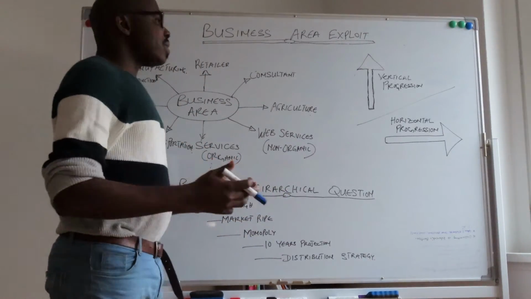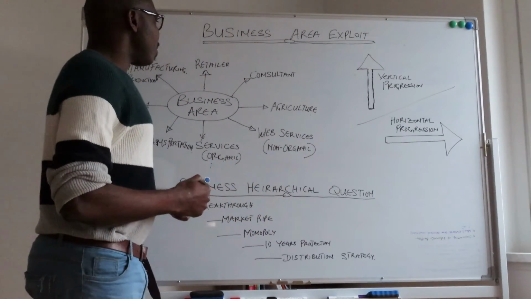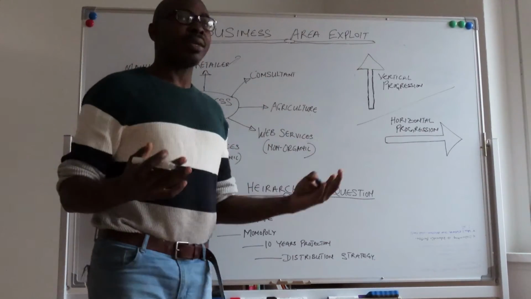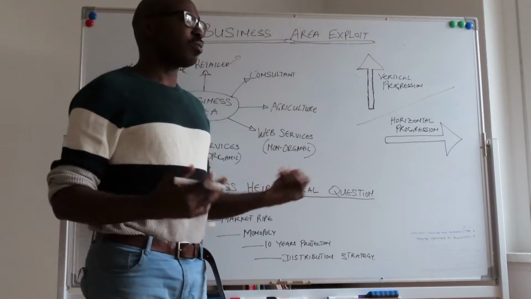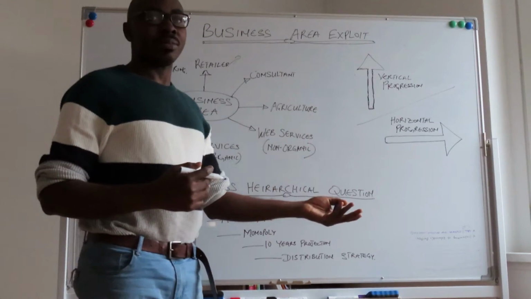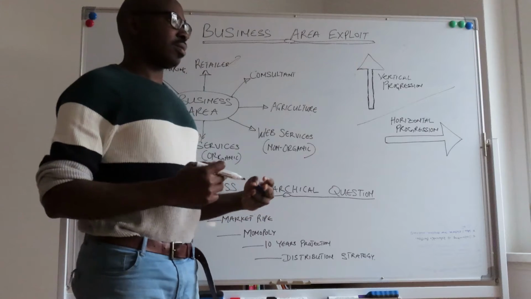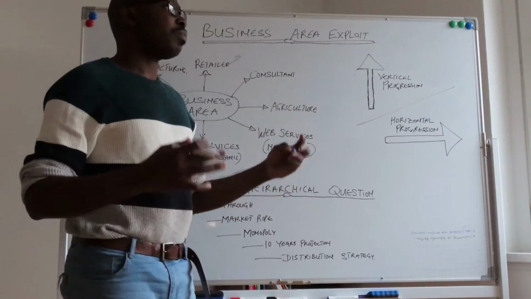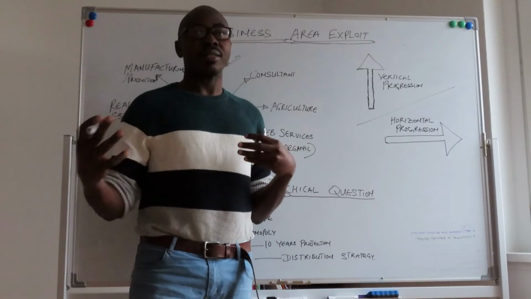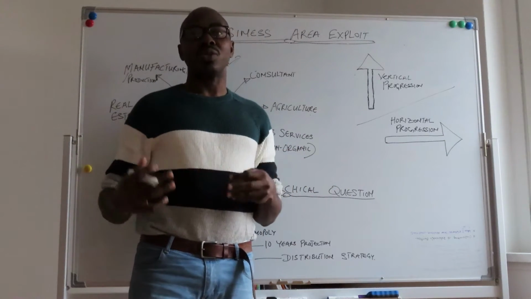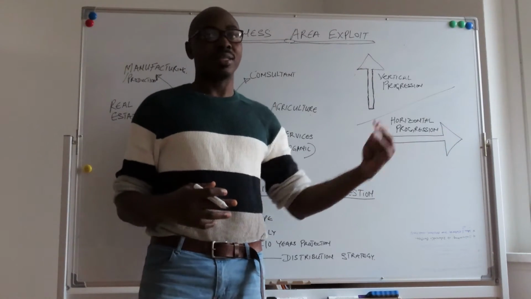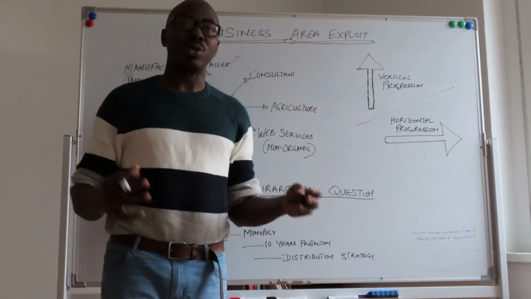First, when it comes to business areas to exploit, retailers, it's an area where you could exploit. Take for instance, you could buy certain things and sell them. In communities, you see instances where people have some stores, some kiosks, in which they sell things, and the objective is to ensure that people within their community don't have to go far in order to buy certain things which are of urgent need.